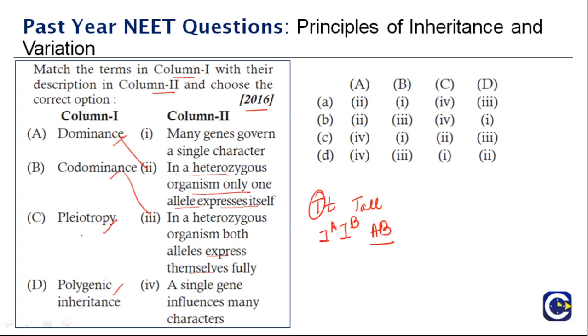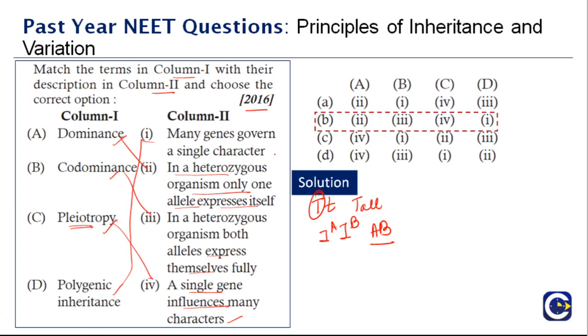Then what is pleiotropy? A single gene influences many characters. When genes are pleiotropic in nature, a single gene can influence a lot of different characters. And polygenic inheritance is many genes govern a single character. So the correct answer here is B. Always go one by one and then write down the correct answer. You must know all these definitions.